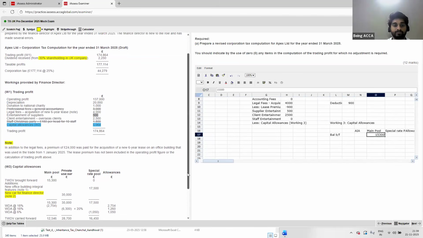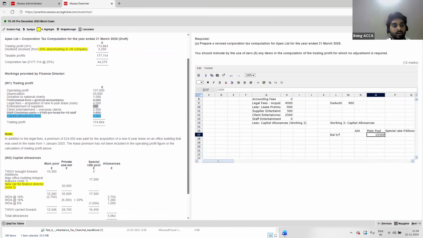Next, we have new office building integral features, which has been wrongly taken into the special rate pool, but it qualifies for annual investment allowance. So we should write additions qualifying for AIA, and we should write integral features.